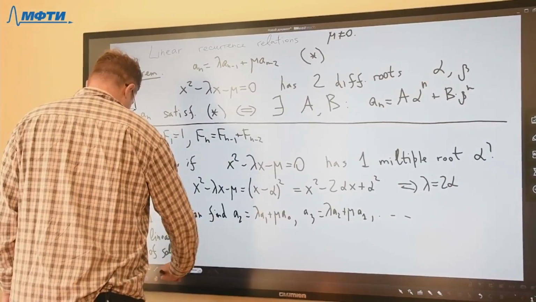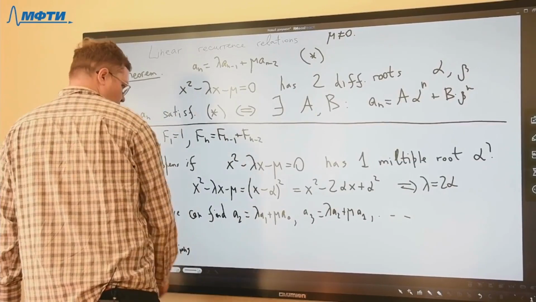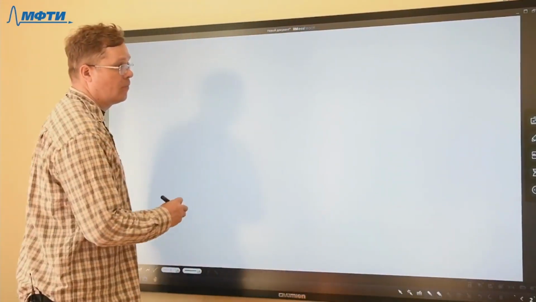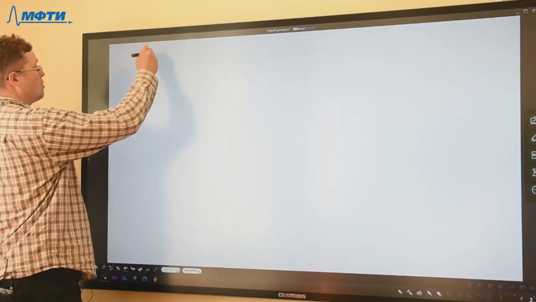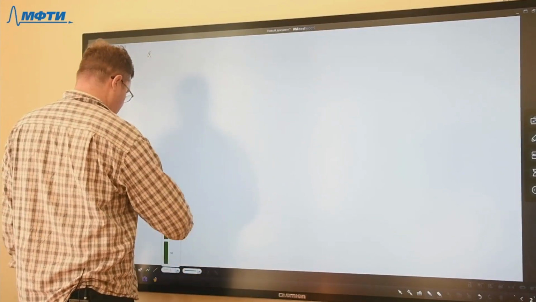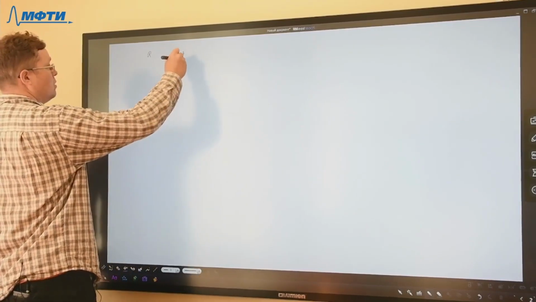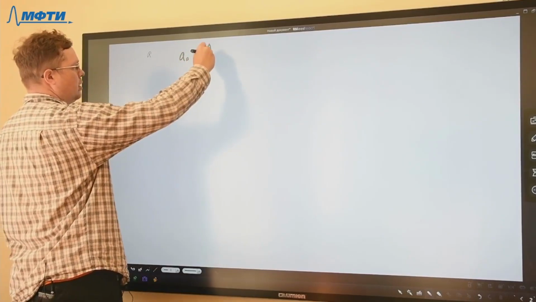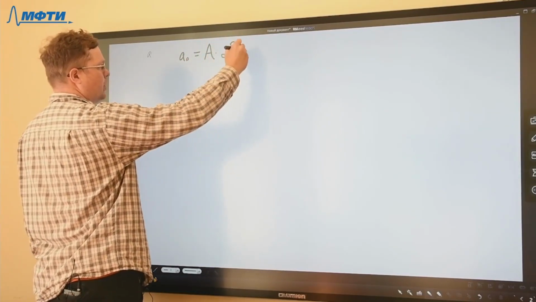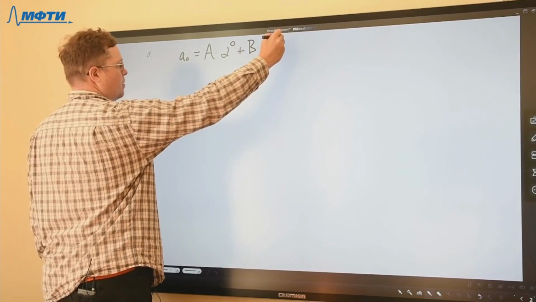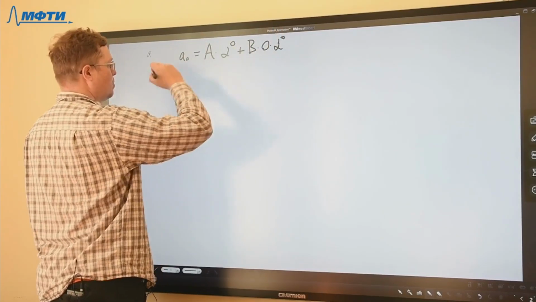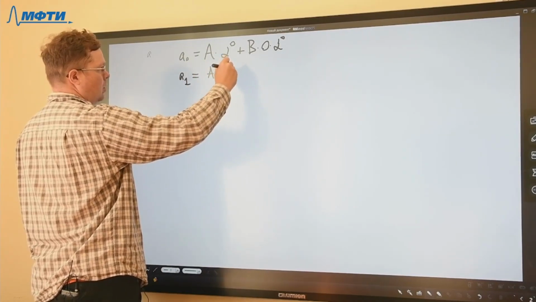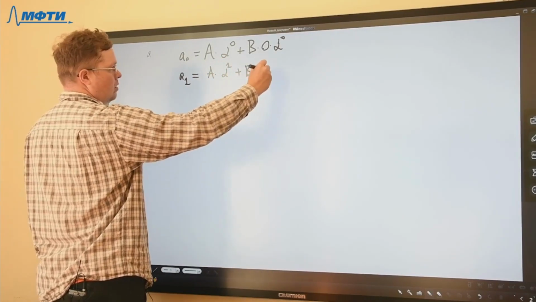And so here I can just try to find the coefficients a and b. I write that a0 is equal to a times alpha to the power 0 plus b times 0 times alpha to the power 0, and a1 is equal to a alpha plus b alpha.